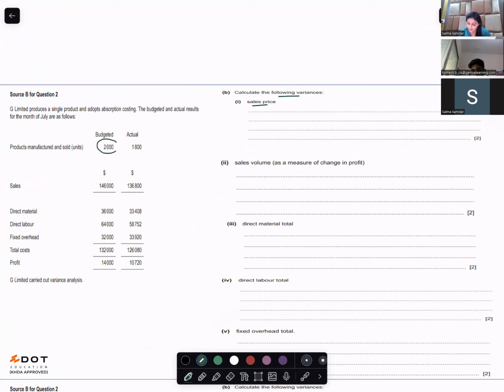So this is the number of units you had budgeted to sell. Can you give me the selling price that you had budgeted? How will you get it? 146,000 is your sales. You divide it by 2,000 units.